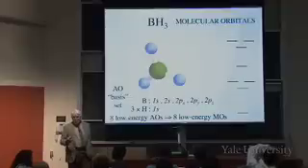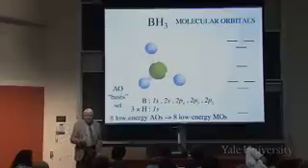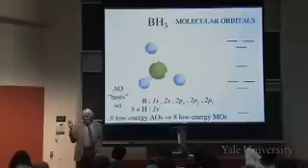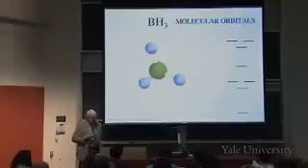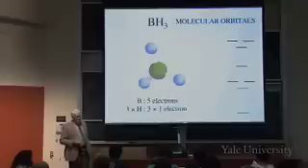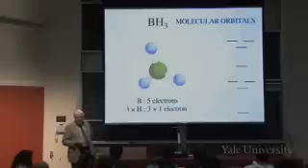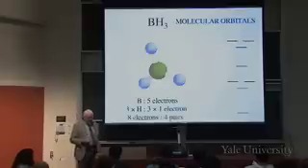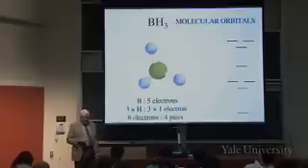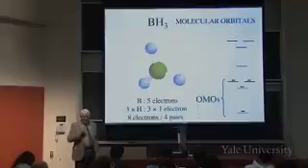How many electrons? We can put 2 electrons into each. Once we've got it filled up, we don't really care what the other energies could be, at least not for this purpose. Boron has 5 electrons, hydrogen has 3, 8 altogether. So there will be 8 electrons, 4 pairs, and that means 4 occupied orbitals.